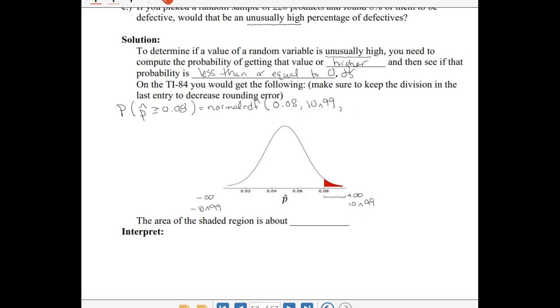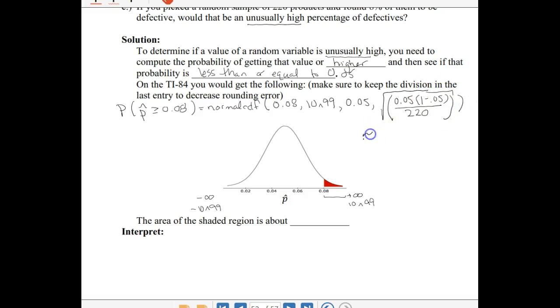And then we're going to place in there our mean, which we just computed was 0.05, and the standard deviation. We are going to keep this radical and division in here so that we don't have any round off error building up. So 0.05 times 1 minus 0.05 over 220, and all of that under a radical.